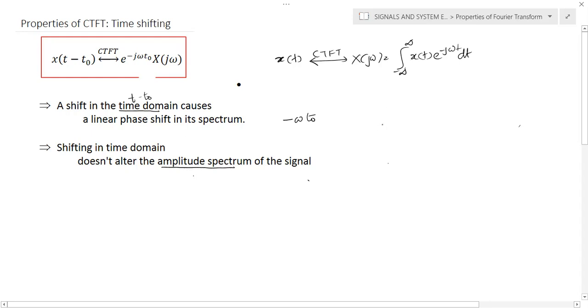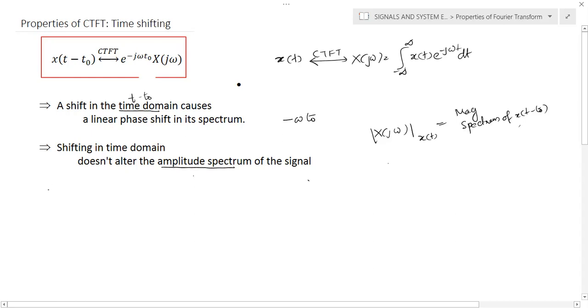That is, if you are finding the magnitude spectrum, so let modulus of x of j omega be the magnitude spectrum of the signal x of t, then the magnitude spectrum of the new signal x of t minus t0 will be exactly the same as the magnitude spectrum of x of t. So that's the meaning. But the phase spectrum will be shifted by minus omega t0. That shift is linear, so that's why a linear phase shift is applied in the spectrum.